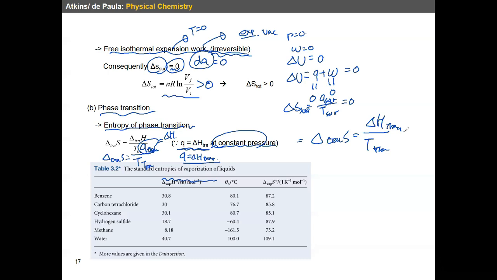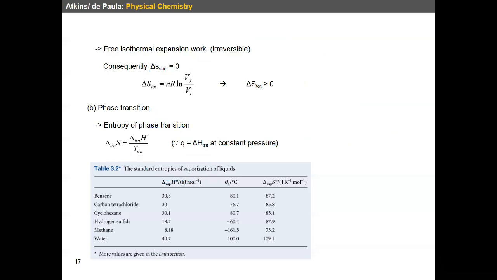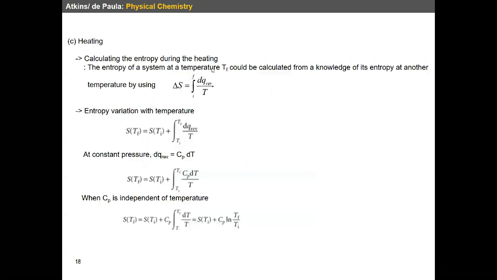Yeah, so we can say like this. This is also one example of entropy change for some specific case. And what about heating a system?